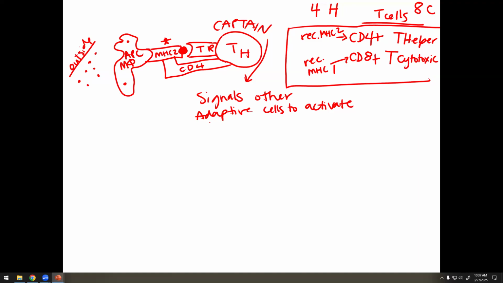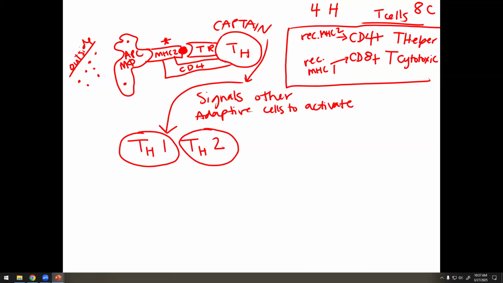Well, this guy, our T helper cell, differentiates into two. The T helper cell can differentiate into two types, TH1 and TH2. There's other types, but I'm just going to have you guys learn two different types, okay? So T helper is the naive guy.